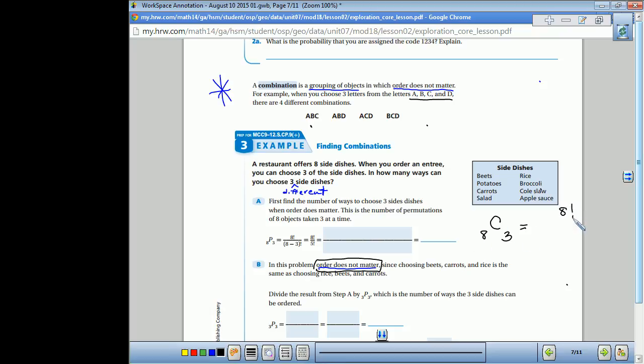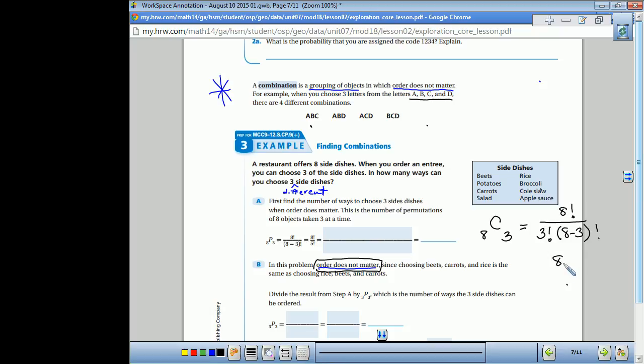So it would be 8 factorial over, now, here we have the extra 3 factorial. This 3 factorial is dividing out those duplicates, because beets, potatoes, and carrots is no different than carrots, potatoes, and beets. So it's 3 factorial times 8 minus 3 factorial.